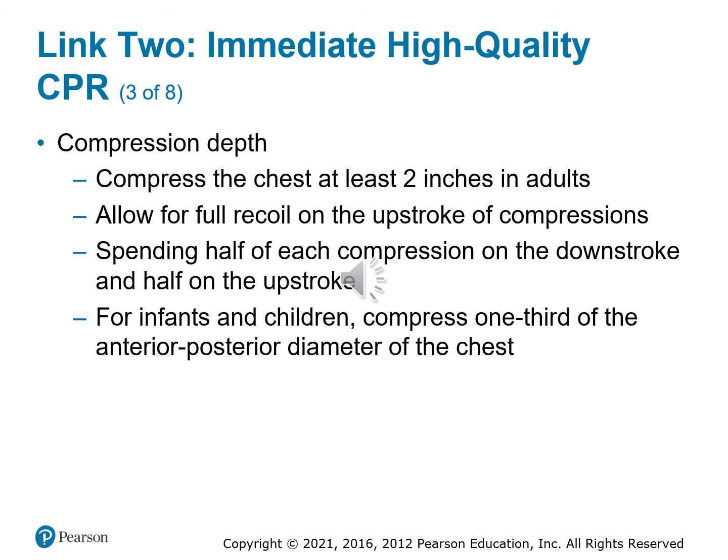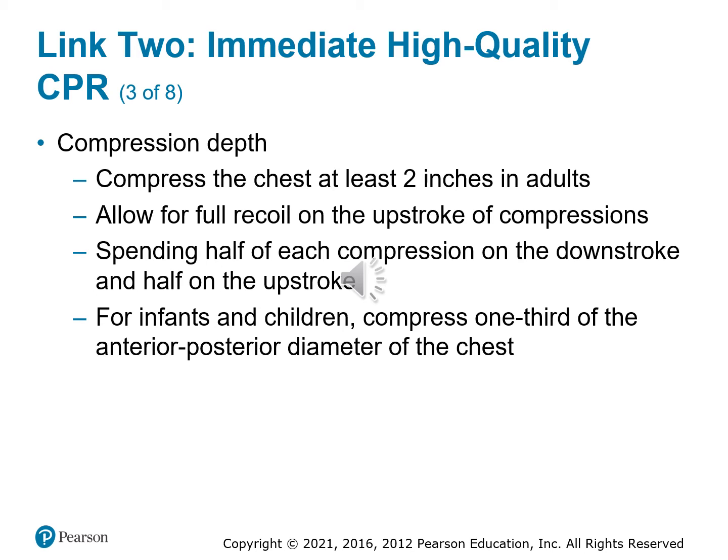When we talk about CPR, we talk about hard and fast. So our compressions need to be at least 2 inches deep in an adult. We do have to allow for complete recoil of the heart in order to allow it to refill with blood so that our next compression actually has a decent cardiac output.